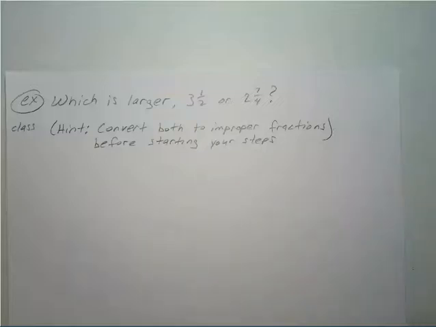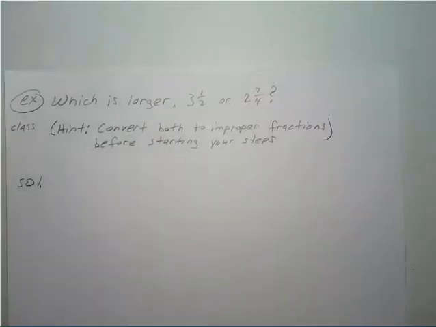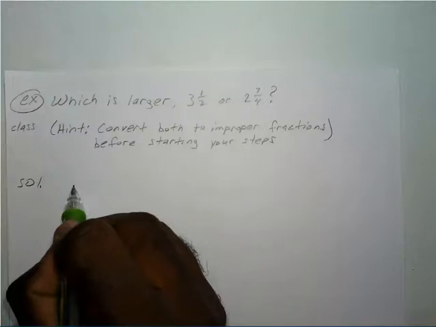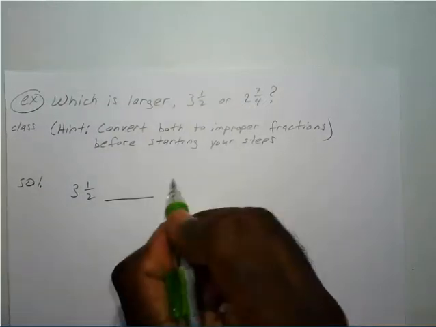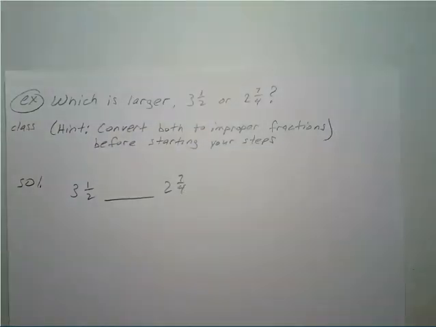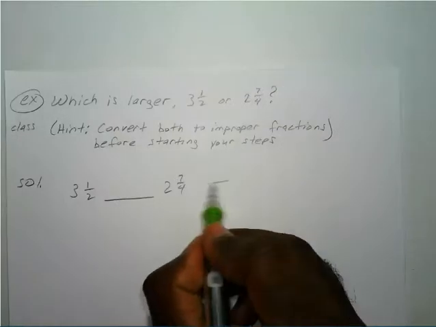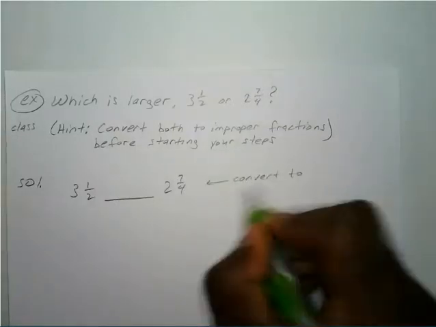All right, so I'm assuming you've pressed pause and you worked through it and you have the right answer. So let's go ahead and just verify your answer. Okay, so you have 3 1/2 and 2 7/4. So we're going to go ahead and convert them to improper fractions.